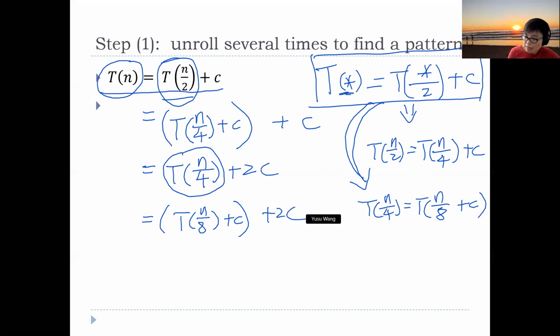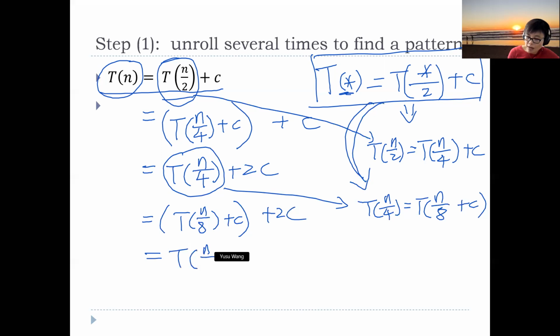I'm simply replacing this using this, and if I take it out of the parentheses, now we have T of n over 8 plus 3 times C. I can continue, but probably by now you already see a pattern.